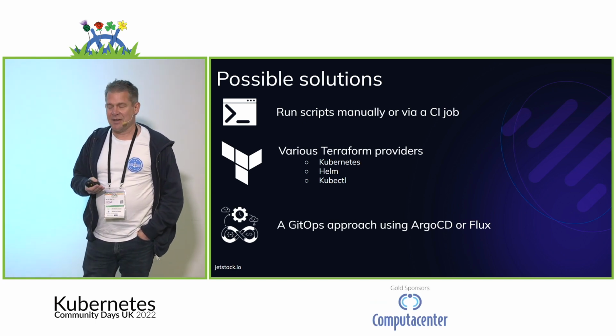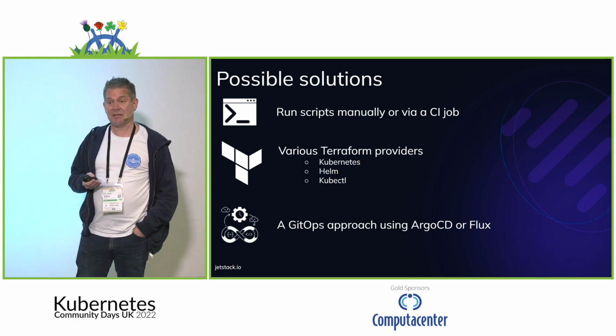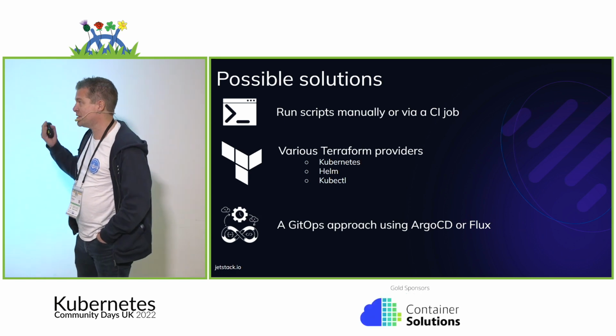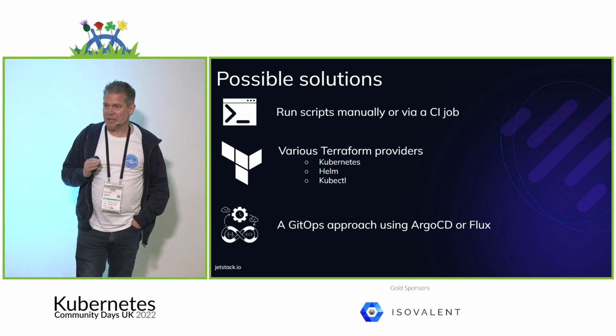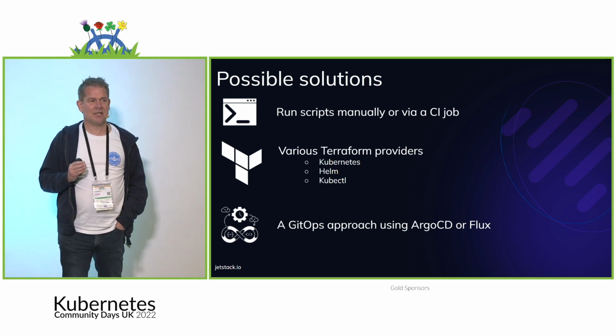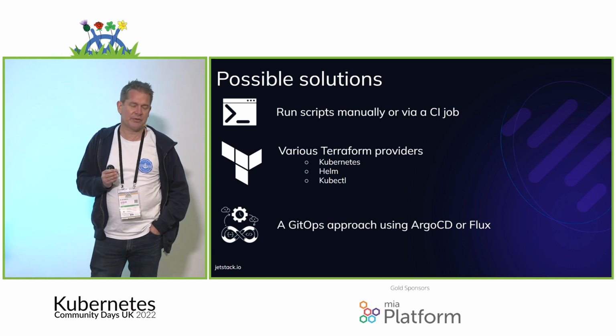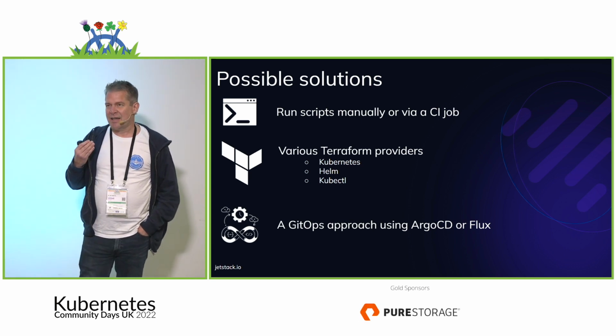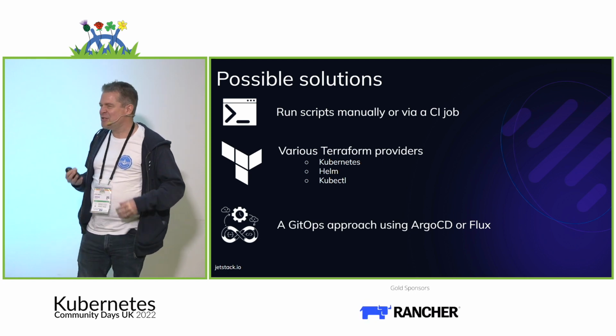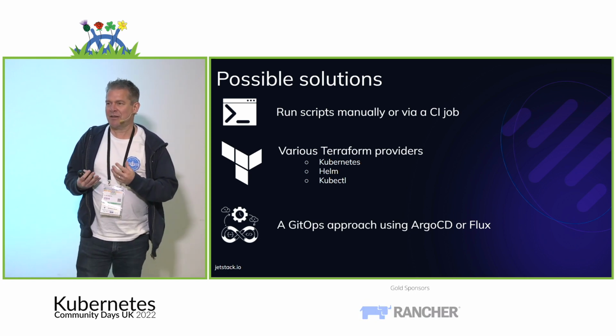There are various Terraform providers that you could also use. So I've listed 3 of them up there. I've tried them all. Going to be honest, I'm not really a fan of using Terraform to manipulate resources in my Kubernetes cluster. Terraform is not a golden hammer, I feel.